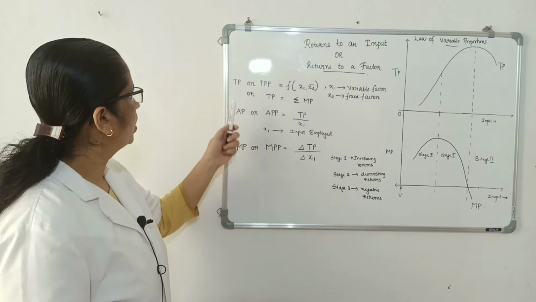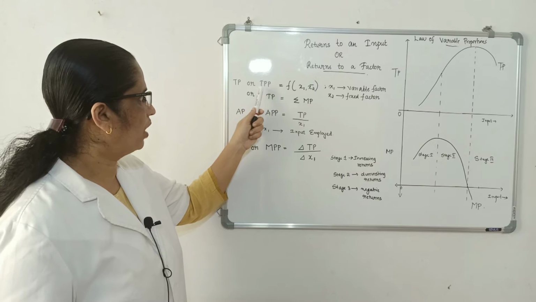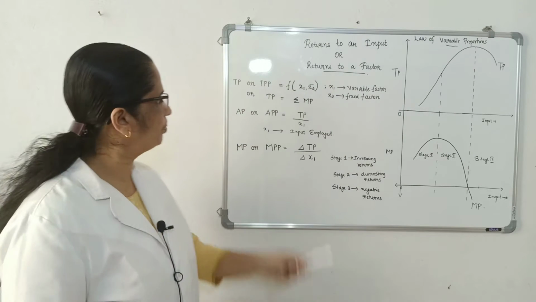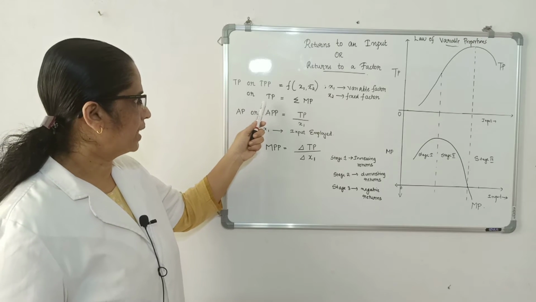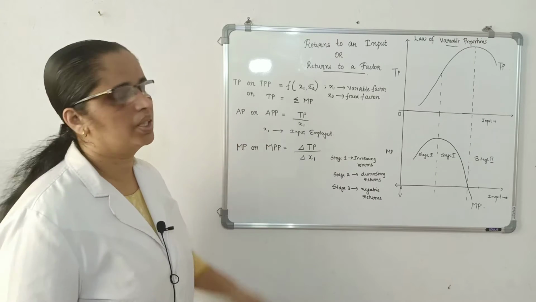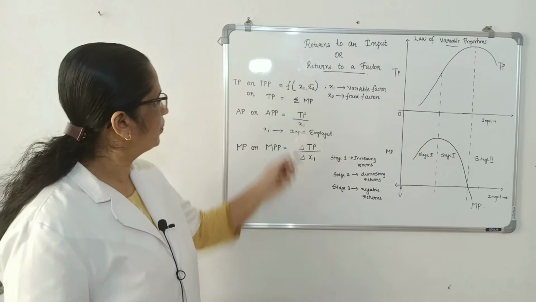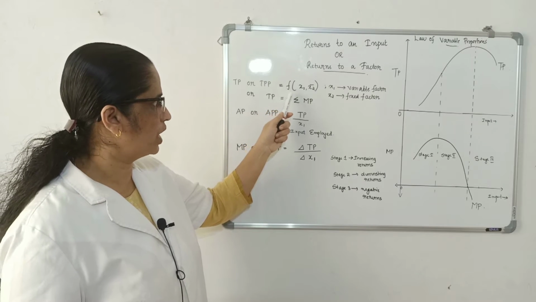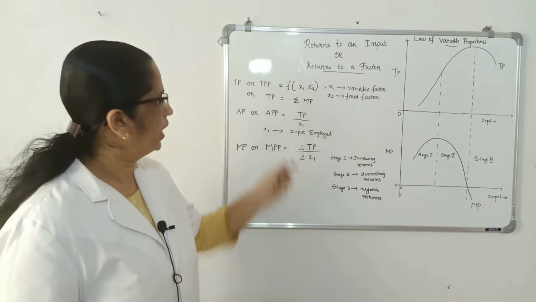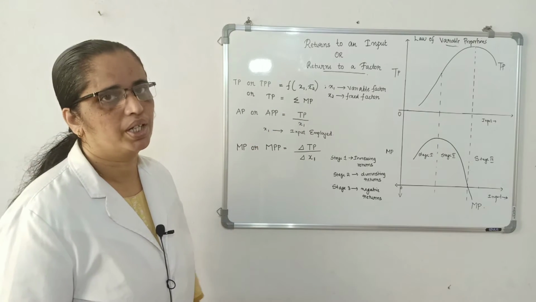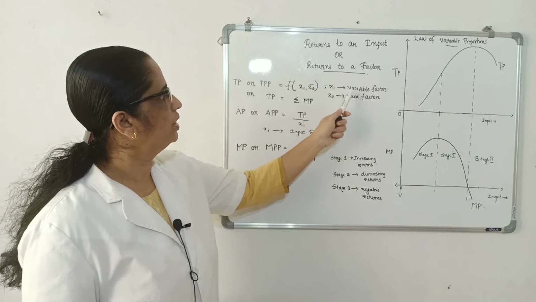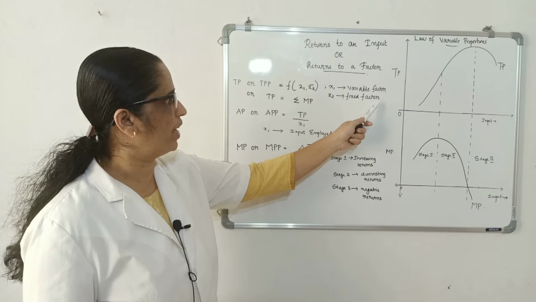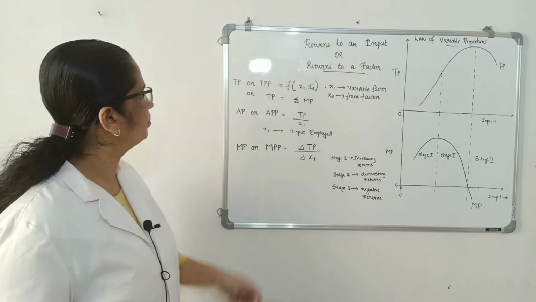So, total product or total physical product is also known as total returns. It is the sum total of output from an input employed. Total product is equal to a function of input employed, namely x1 and x2. Here x1 is the variable factor, for example labor, and x2 is the fixed factor, for example capital.